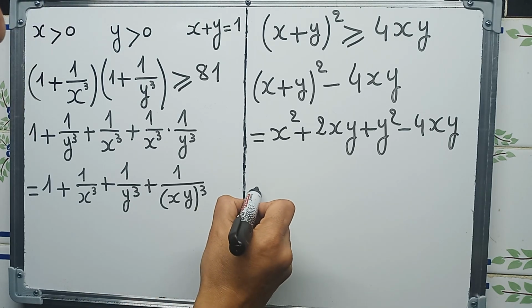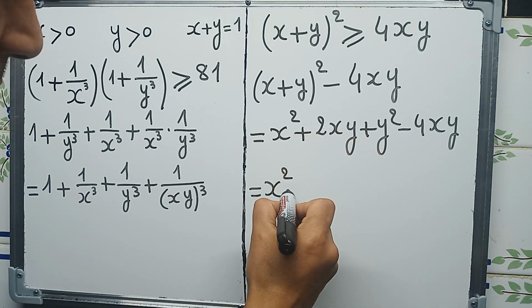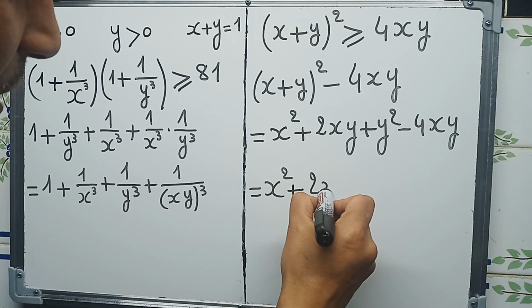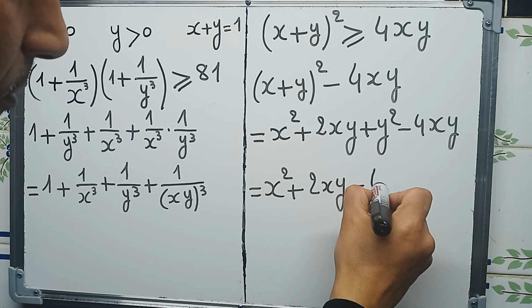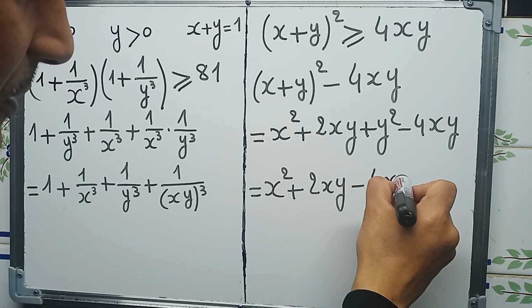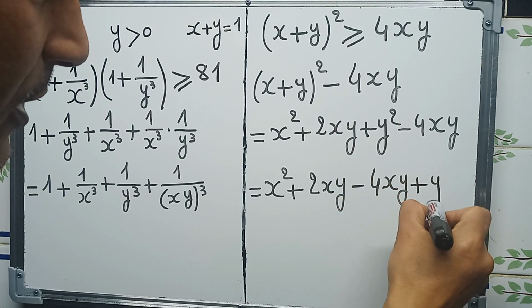And this is equal to x squared plus 2xy minus 4xy and plus y squared.